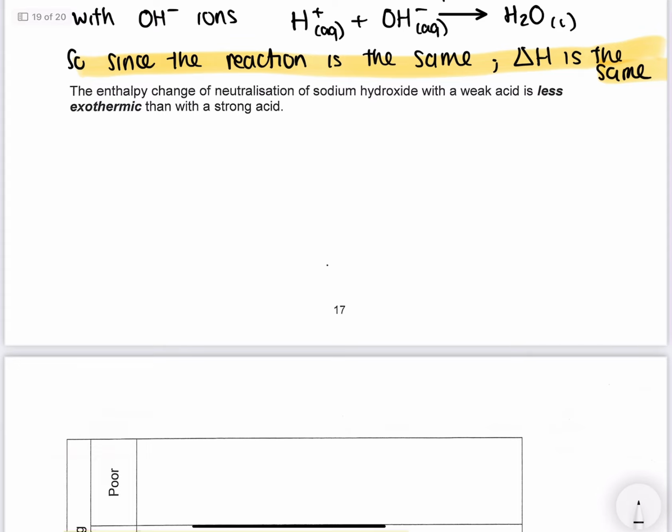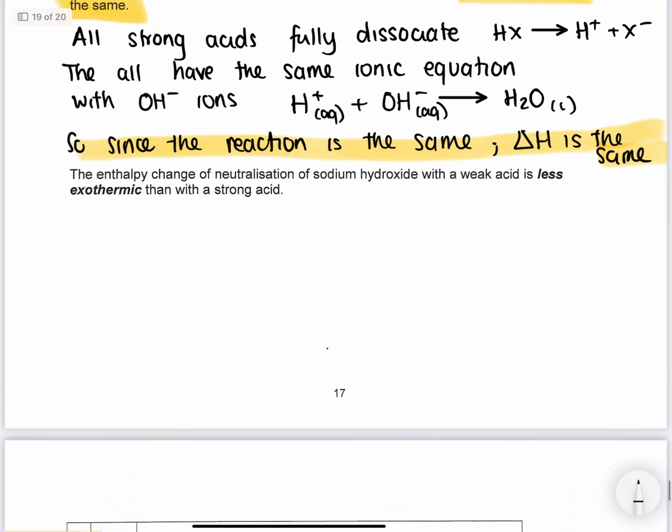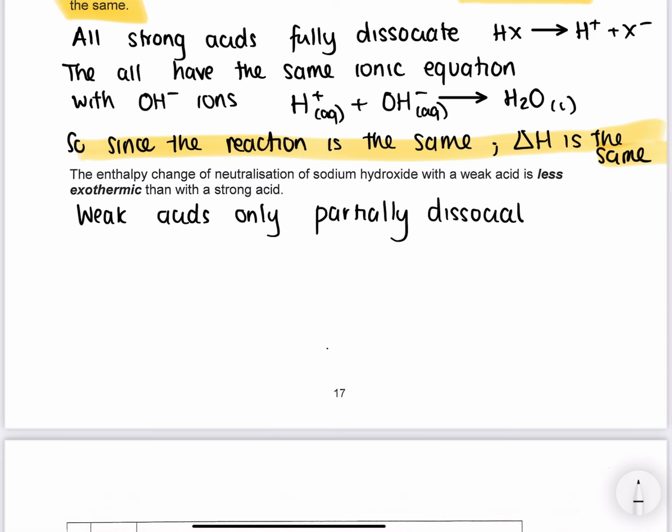The question then asks, the enthalpy change of neutralization with a weak acid is less exothermic than with the strong acids. So why is that? Weak acids only partially dissociate. Most of the acid is undissociated. Okay.